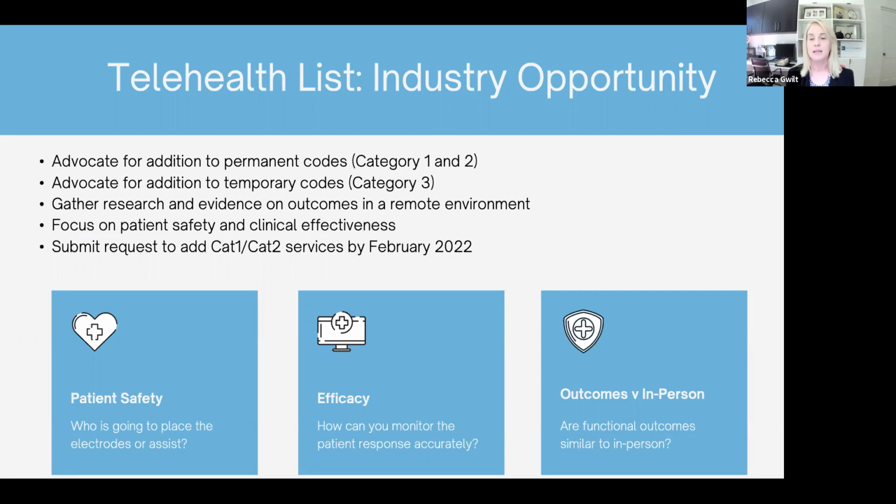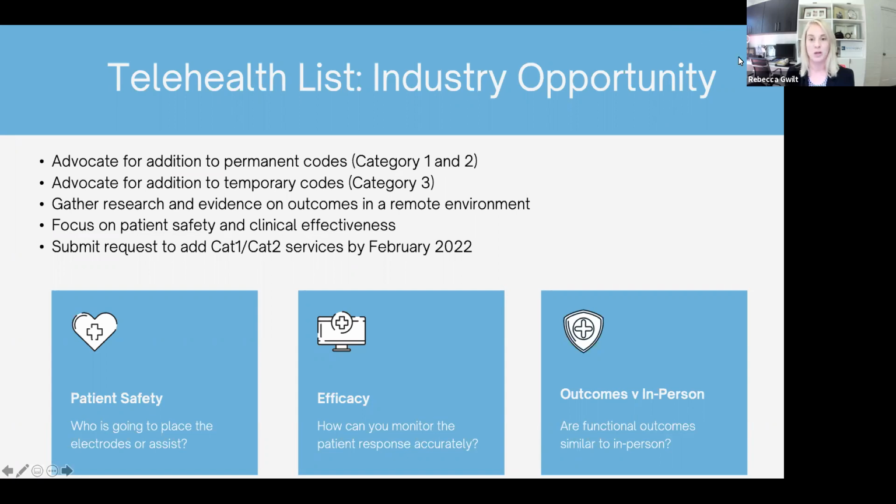So in some cases, CMS said, well, we can't add this to the permanent code list because in order to get this done, the patient has to be located in a particular place and someone has to be monitoring them, or someone has to be placing electrodes on them in the correct spaces. Well, we know that supervision can happen virtually. And so the justification of, oh, it can't be done via telehealth because something has to happen at the patient level isn't always going to be a good justification, right?